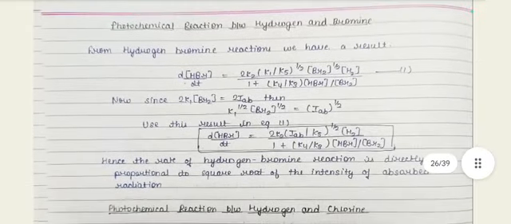Photochemical reaction between hydrogen and bromine. From the hydrogen-bromine reaction, we have the result d[HBr]/dt = 2k2 (k1/k5)^(1/2) [Br2]^(1/2) [H2] / (1 + (k4/k3)[HBr]/[Br2]). Now, since 2k1[Br2] = 2I_abs, k1^(1/2)[Br2]^(1/2) = I_abs^(1/2).